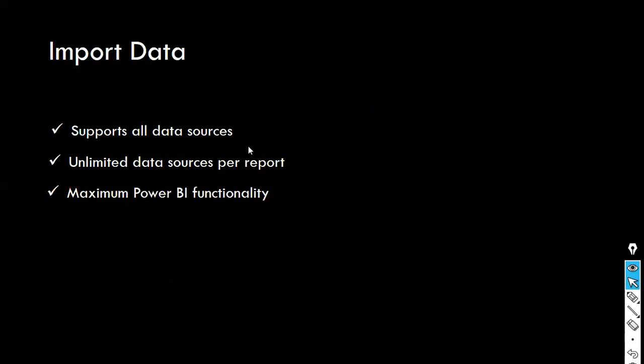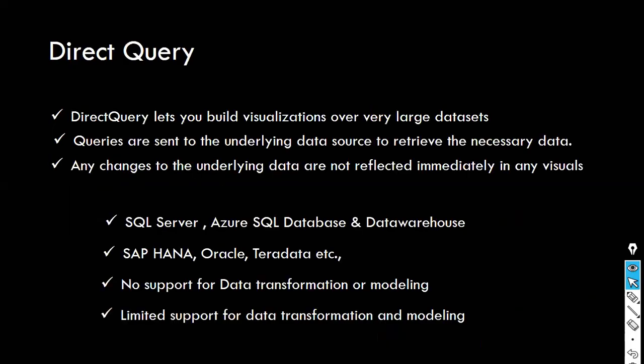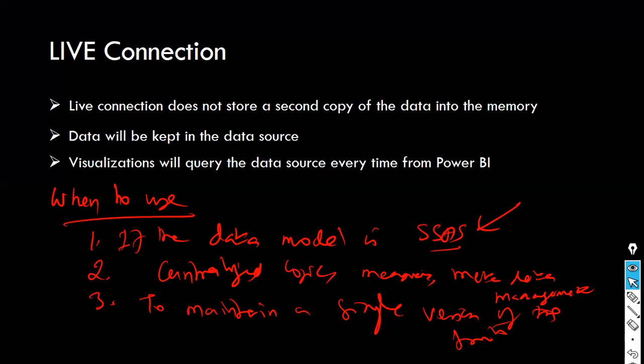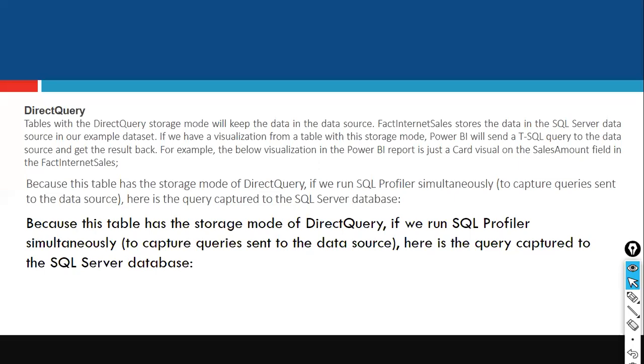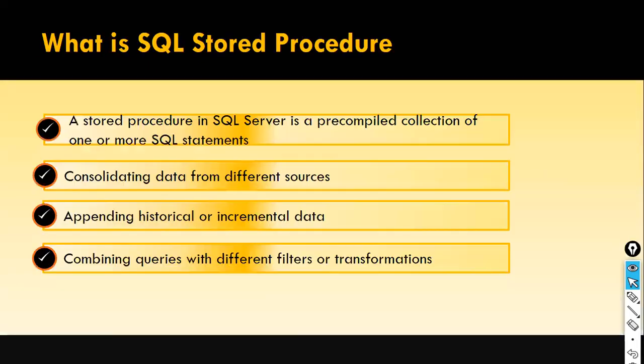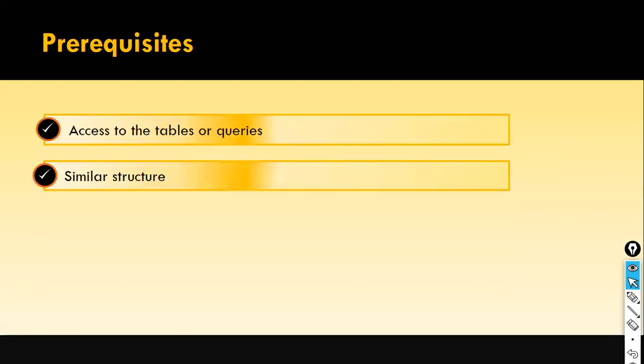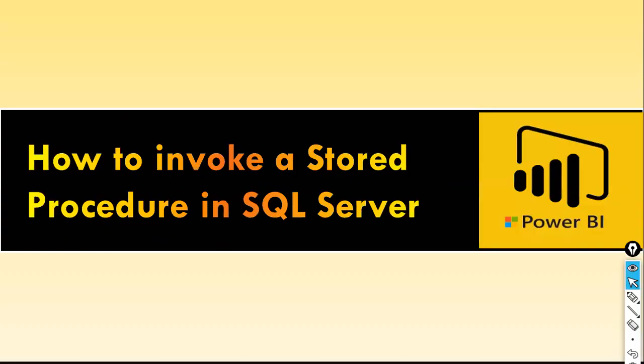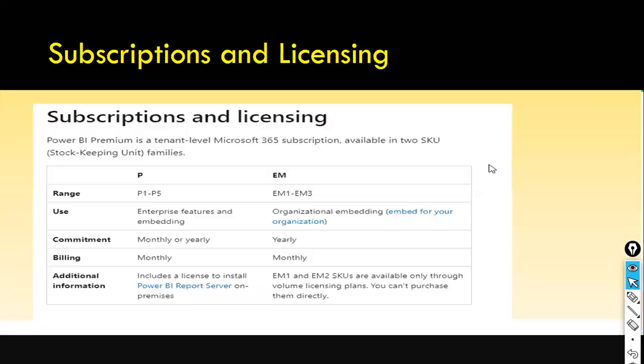So we have explored what is import storage mode, what is direct query storage mode, and what is live connection storage mode. And the next one is dual mode. Okay, we have something called dual mode.